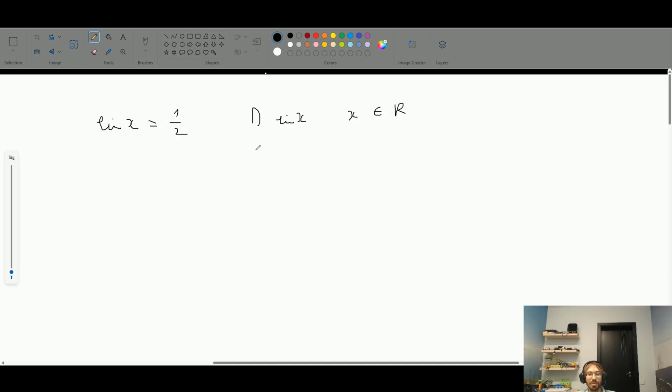But what about the range? The range is a bit more difficult here, because sine x by definition cannot be bigger than 1 or smaller than -1, which means that your y only belongs to the interval from -1 to 1, both ends included.